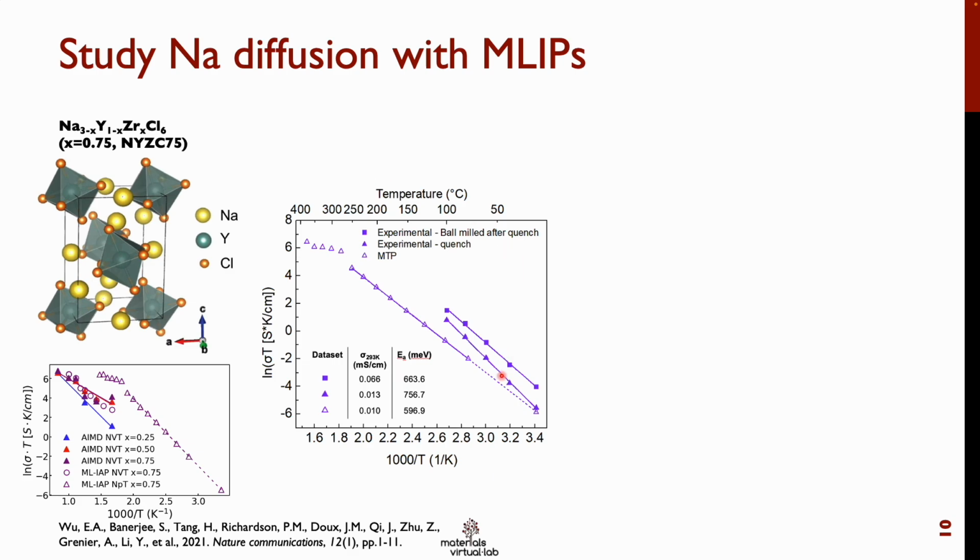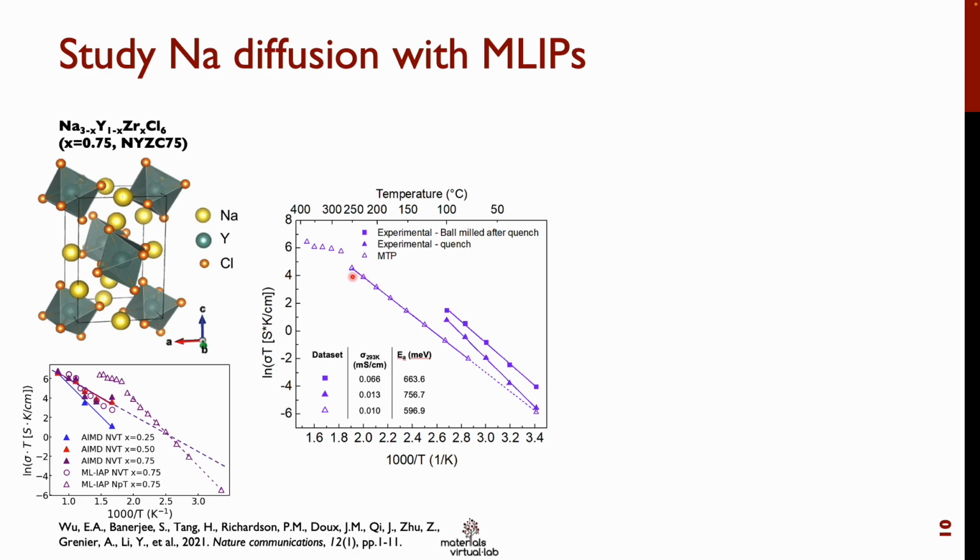So in this case, again, the moment tensor potential trained with AIMD structures and PBE functional energy and forces match with the experimental results. While if you look at the AIMD result, if we extrapolate down from the high temperature region, then we will have overestimated ionic conductivity and also underestimated activation energy.